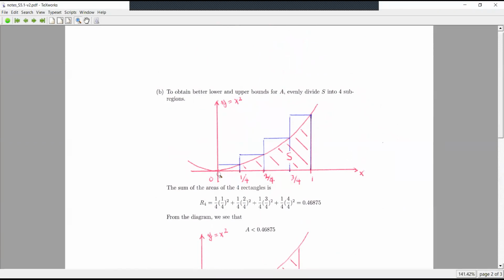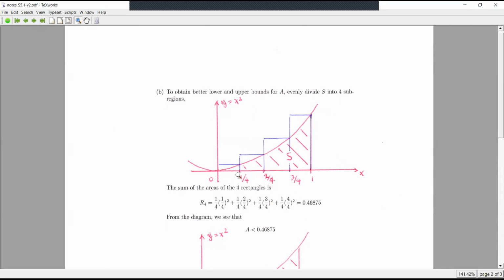I cut the interval 0 to 1 evenly into 4 subintervals. The cutting points are 1/4, 2/4, 3/4. Now we have 4 subintervals. Over each subinterval, build 1 rectangle.